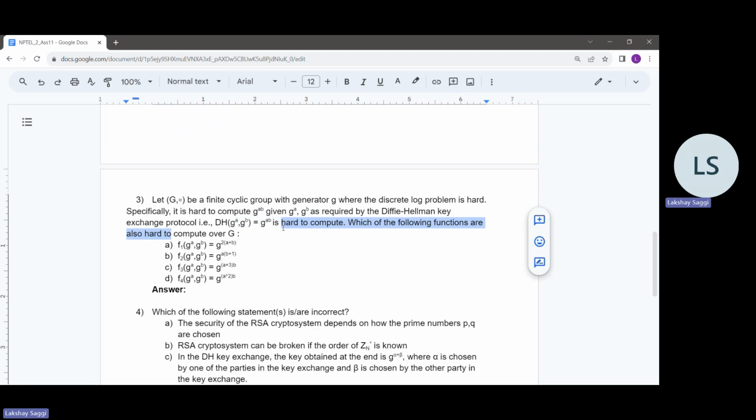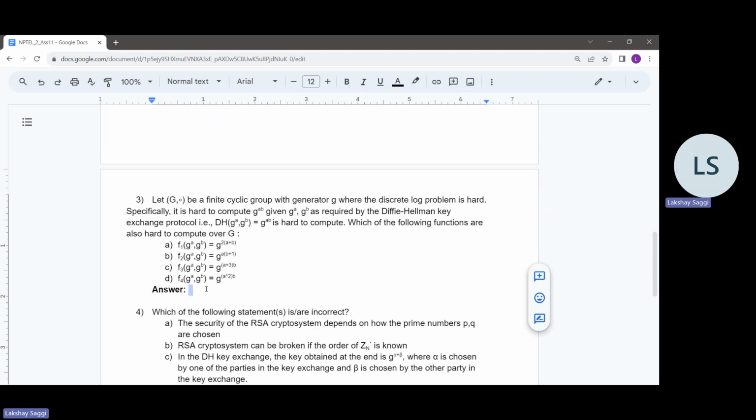Now the question asks which of the following functions are also hard to compute. What we are given are two values, g to the power a and g to the power b, and we want to see whether calculating some value is easy or hard. We are given that computing g raised to the power ab is hard.